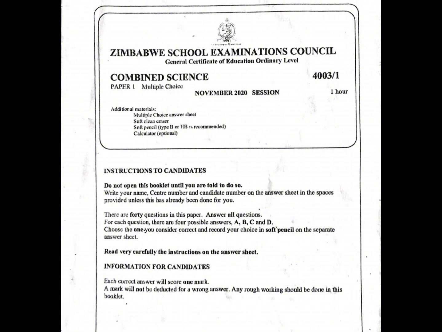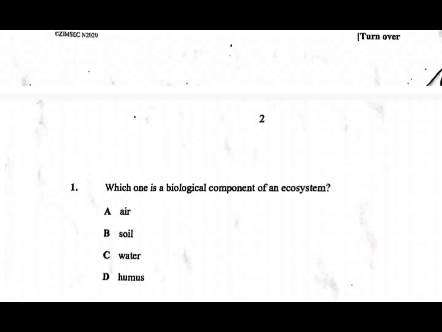There is a typical ZIMSEC question that required this knowledge. It was on November 2020, number 1. It was saying which one is a biological component of an ecosystem. So we are going to select humus as the answer because it is obtained from the decay of once living materials. The others are physical components of an ecosystem.